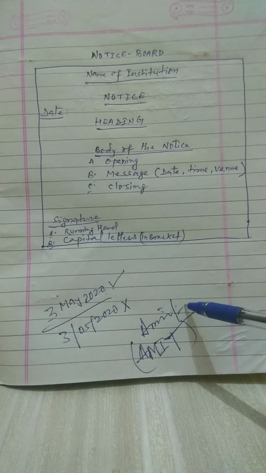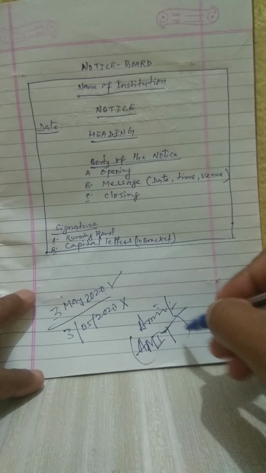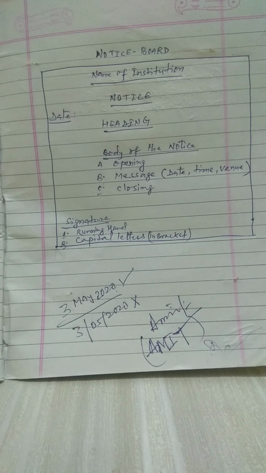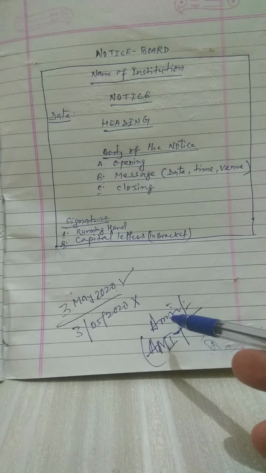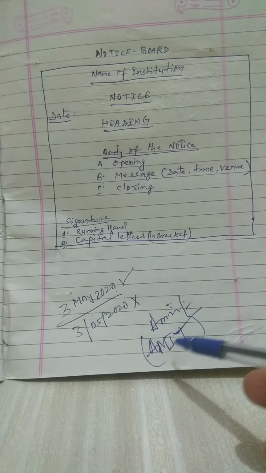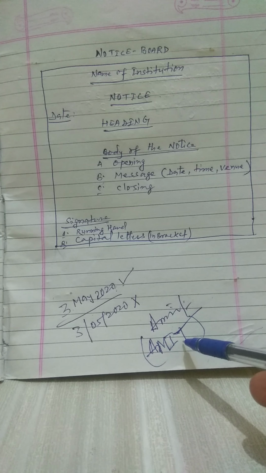This is running hand. Sometimes some students also put their signature like this, no problem. Then below the running hand signature you should write your name, and it should be in capitals.